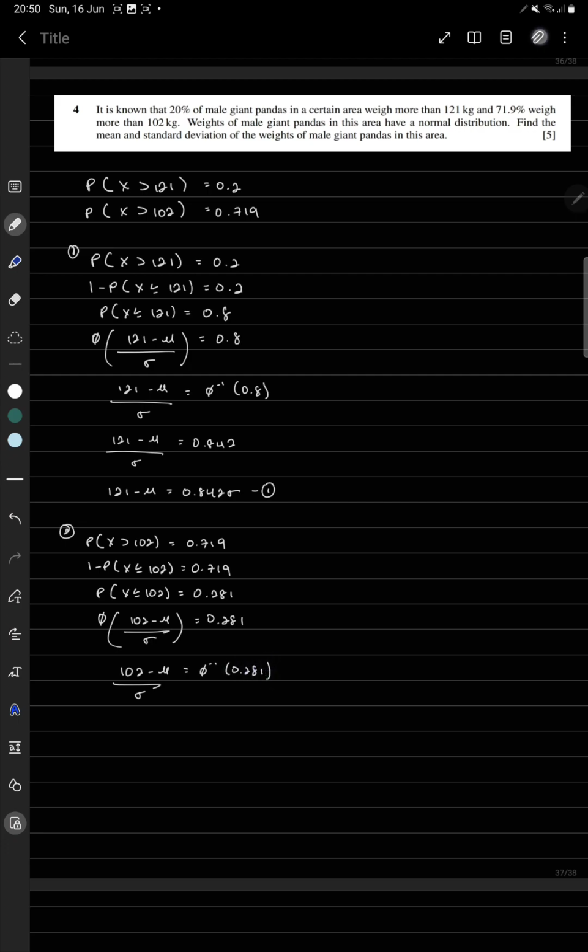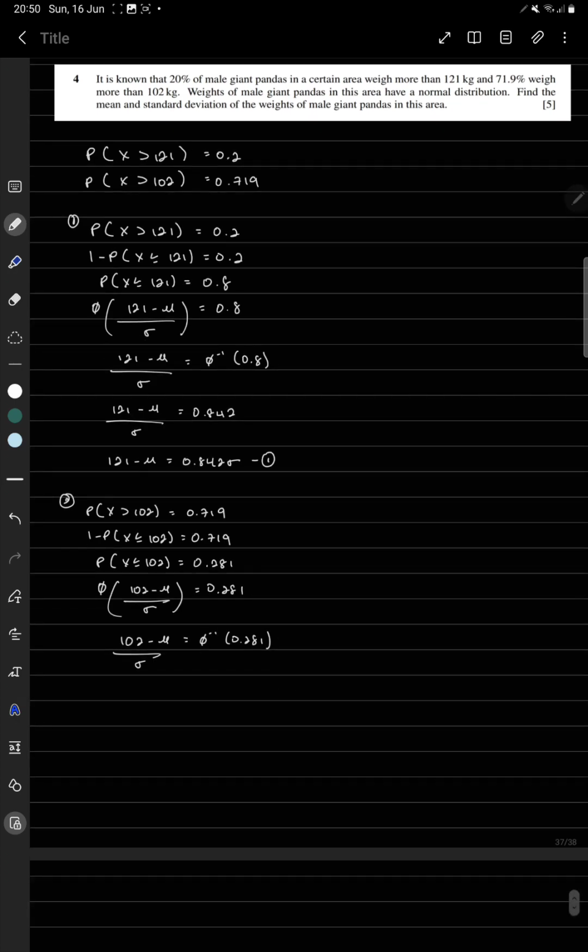Now it seems that we don't have a probability less than 0.5 in the z table that was given. Since it is less than 0.5, we know that the value of z is going to be negative. So I'm going to put negative, bracket, inverse. Instead of 0.281, I'm still going to take 0.719, because 0.281 has the same z value as 0.719, but it's a negative z value.